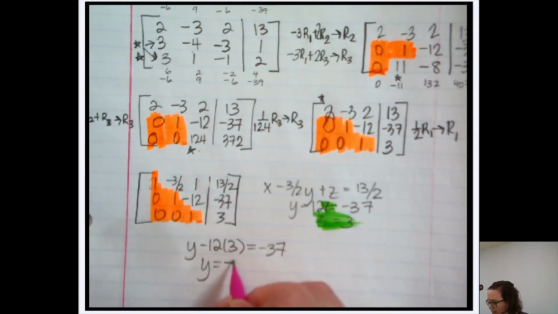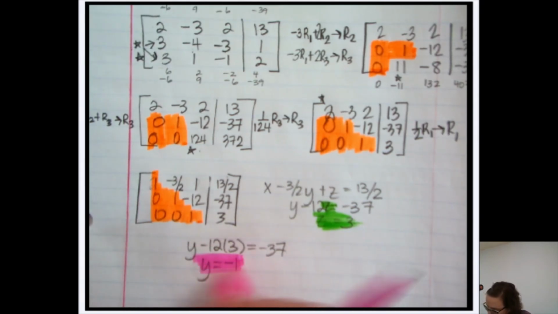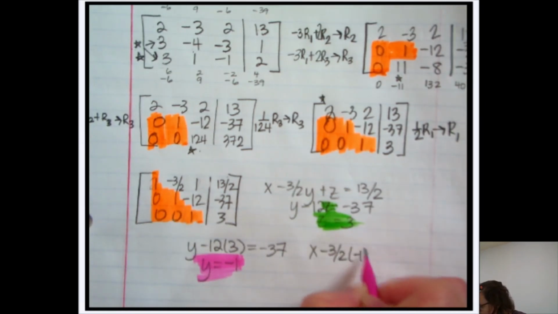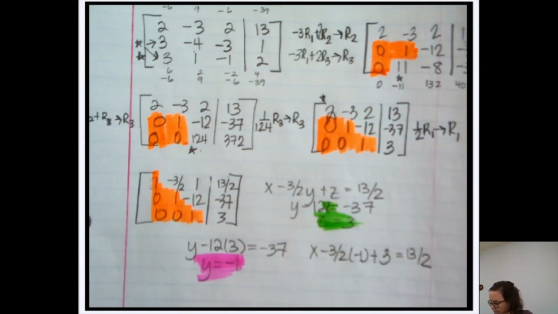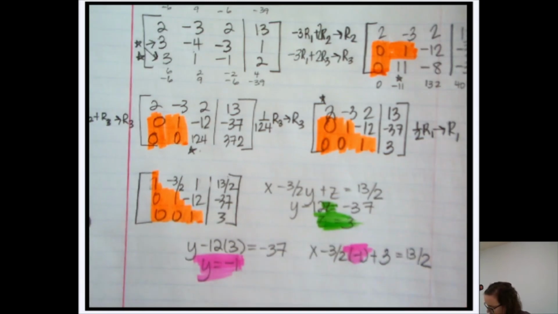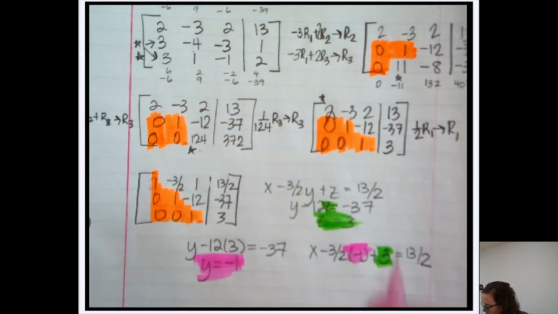So over here we get a negative 1. And then we go up to our top here. So we get x minus 3 halves times negative 1 plus 3 is equal to 13 halves. Or we get, what is that?